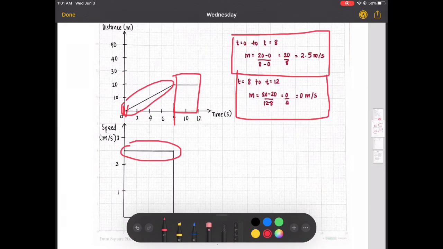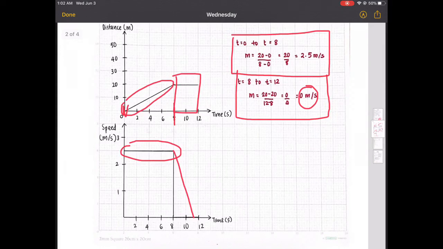So note here, do not draw the line this way, because a slope in a speed time graph means that it is slowing down. Meanwhile, this tells you that it's 0 meters per second. So it's stopping, not slowing down. Okay, let's look at the next page.